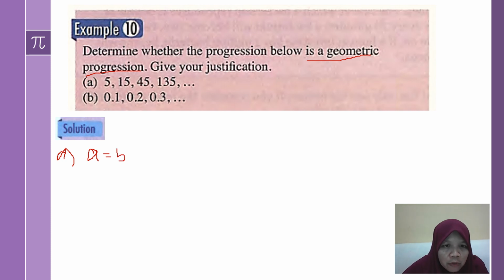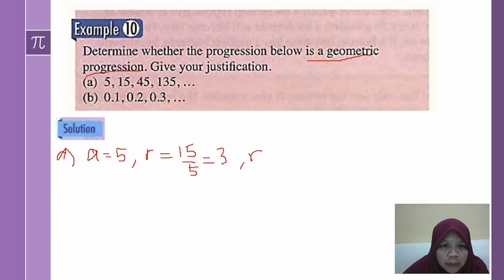So from here we know that the first term is 5, so a equals 5, and then find the common ratio for the progression. Do you still remember how to find the common ratio? r is equal to 15 divided by 5. Then you get 3.